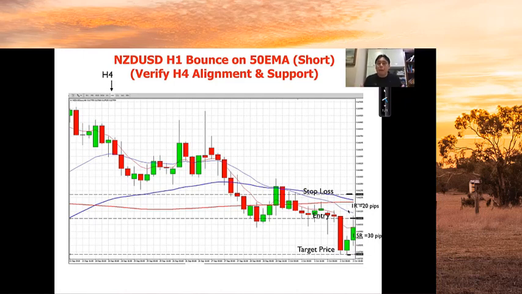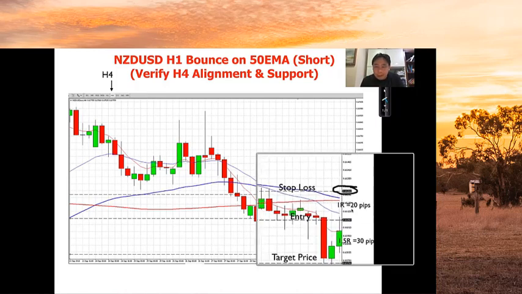Now for H1 bounce, I'm a bit less strict, like what I said. As long as it's more or less a downtrending pattern, as long as the price is below all the moving averages, I'm okay, I'll take it. So I took that one. What made me confident was that my stop loss, which is at 6626, on the H4 time frame, notice something.